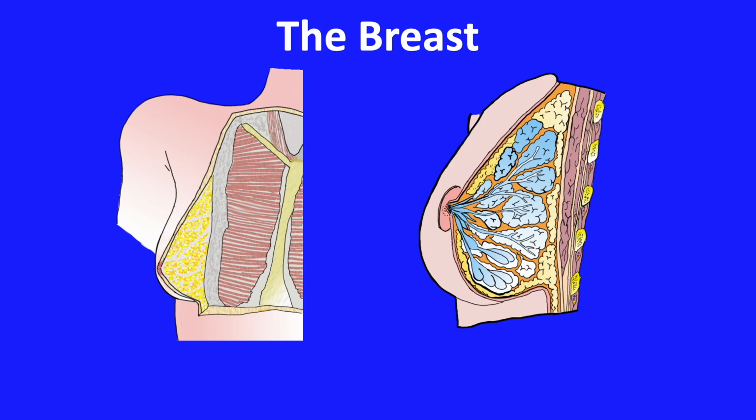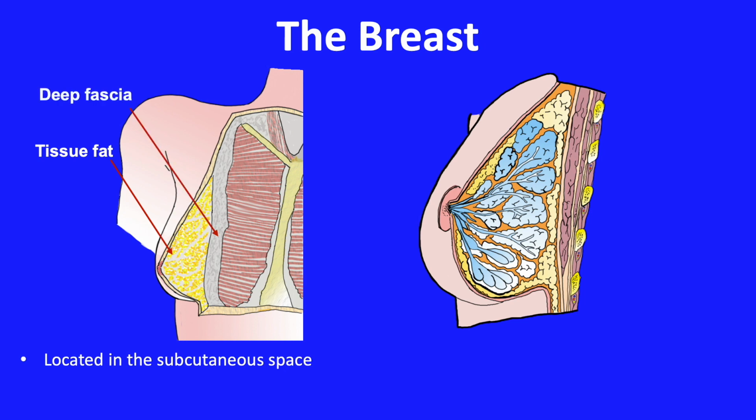That the breast is located exclusively in the subcutaneous space is again demonstrated in these two drawings. On the left side drawing, half of the breast has been cut away to demonstrate its principal constituent, fat, and all the breast is located superficial to the deep fascia overlying the pectoralis major muscle.